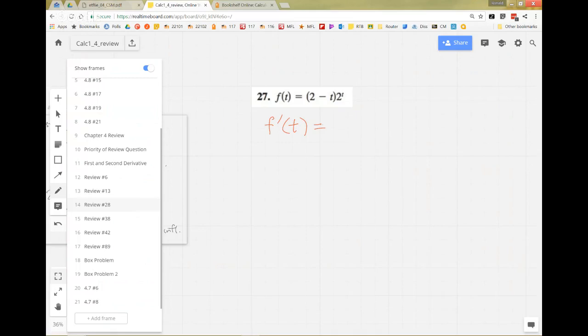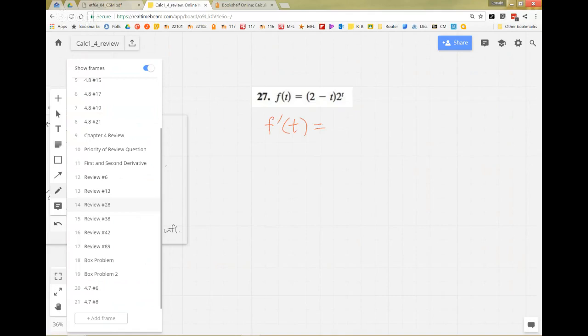A constant to a power. So it's the natural log of 2 itself times the natural log of 2.